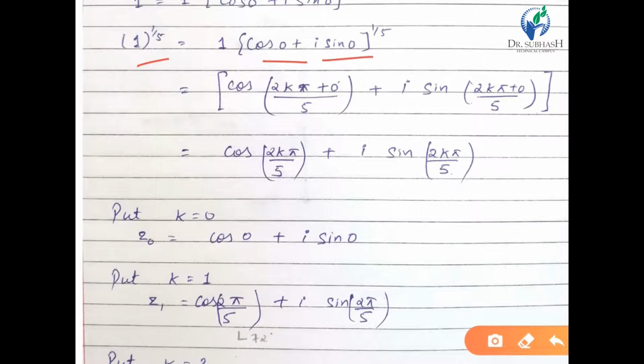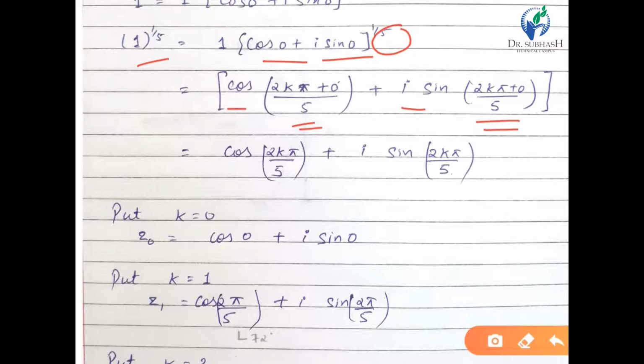Now again using de Moivre's rule, this n, n is 5, will go to the denominator of the angle of cos and sin. So we get cos (2k pi plus 0) upon 5. The formula was (2k pi plus theta) upon n. Similarly for the sin term we can write I sin (2k pi plus 0) upon 5.